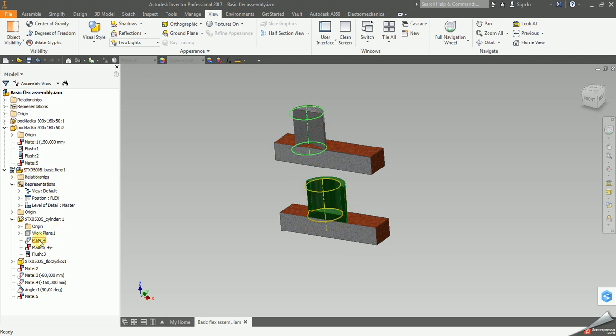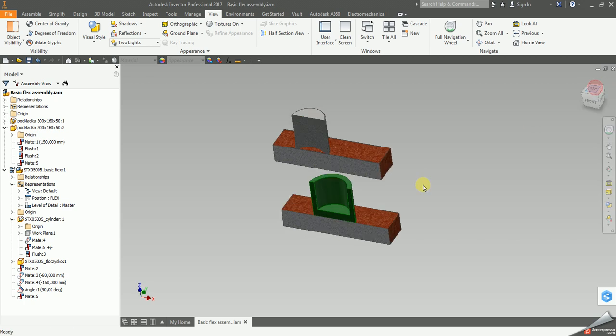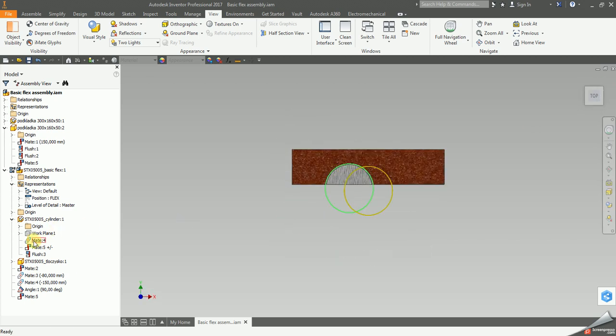Also mate 4 is not met, as we obviously can see that these two axes do not line up. And also mate flush 3 is not met, as we can clearly see now.